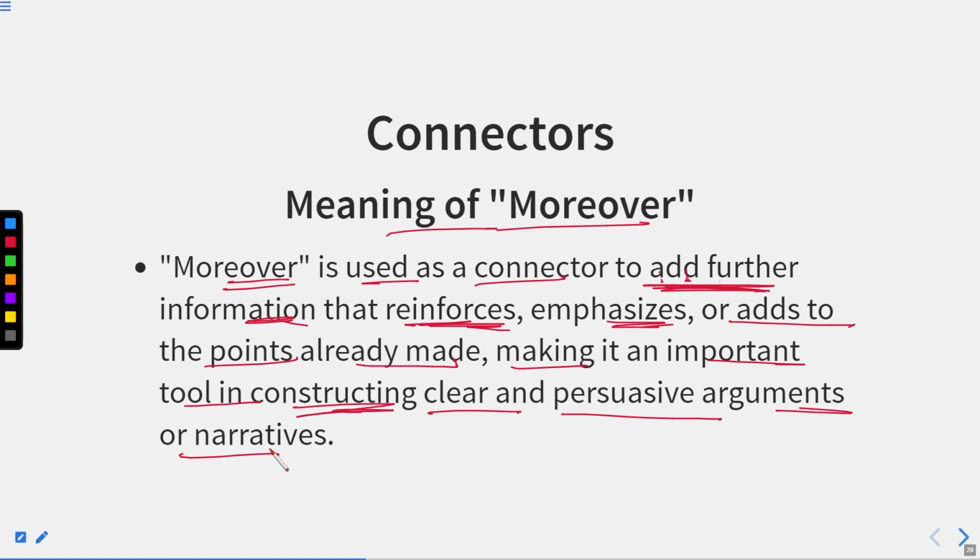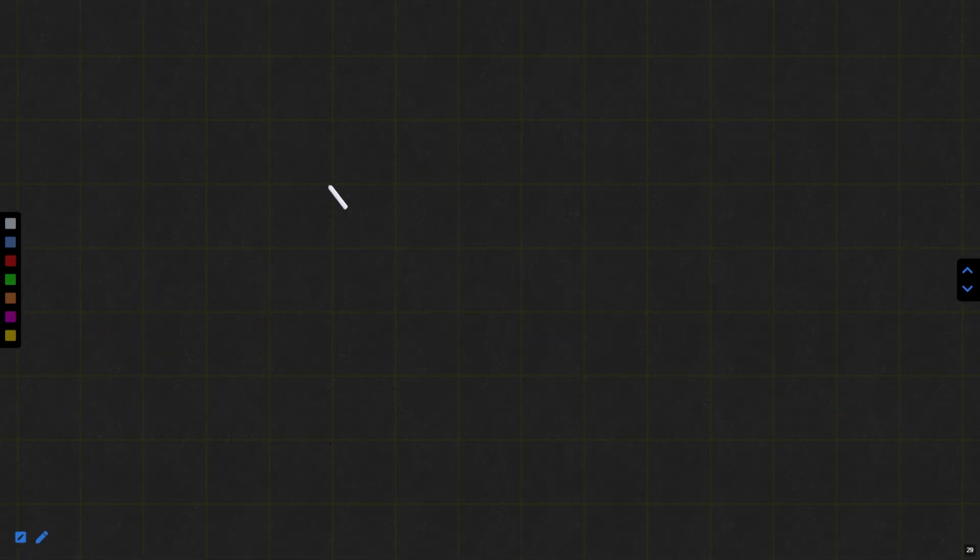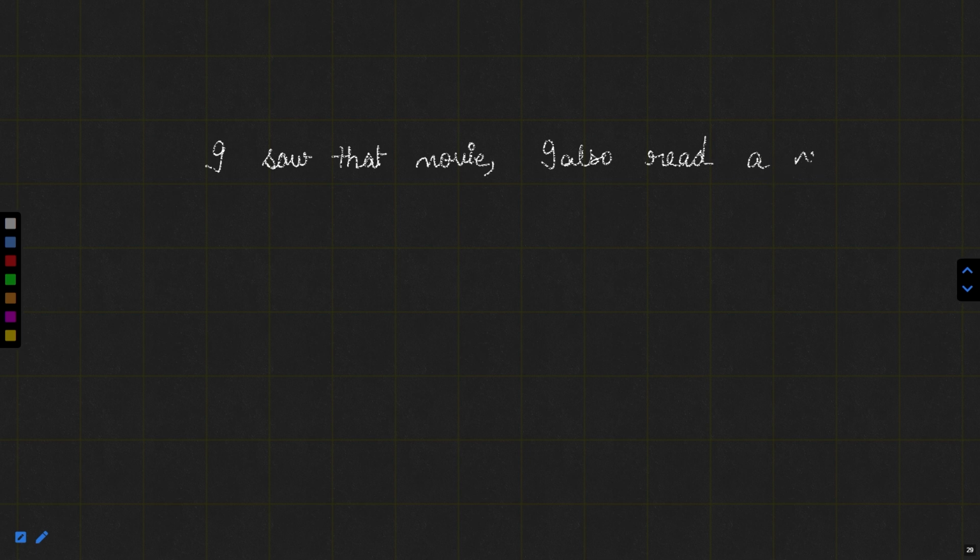For example, I saw that movie. I also read a novel on which the story of that movie was based.